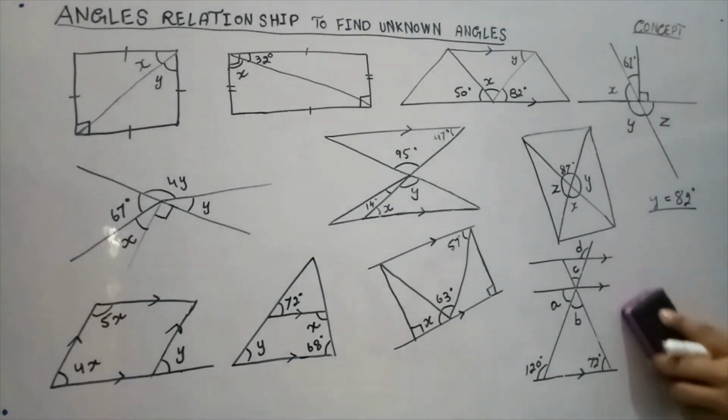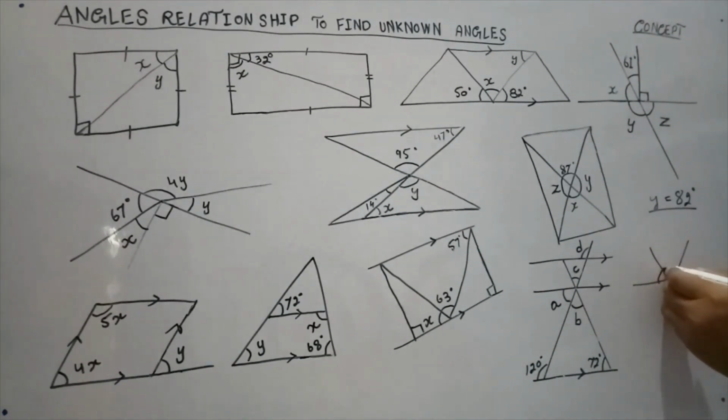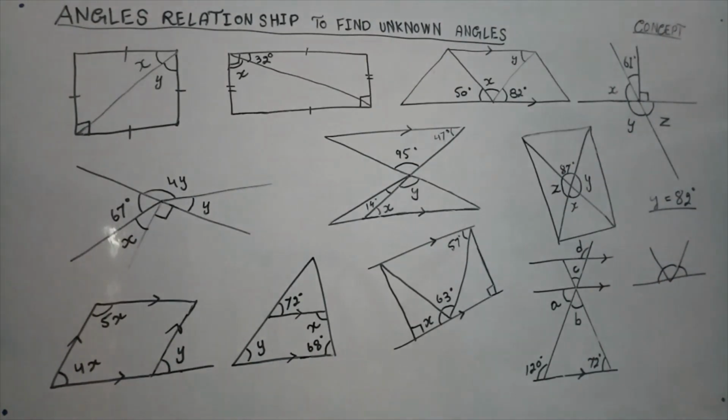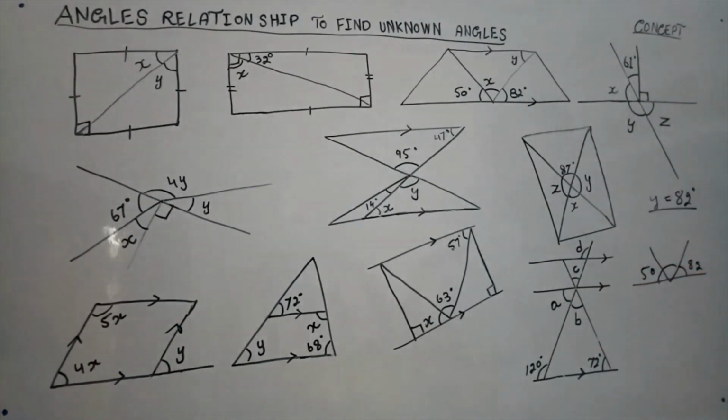And now we will find x. If I redraw it, not completely, here this angle is given to us, which is 50. This is also given to us, which is 82, and we have to find the value of x.